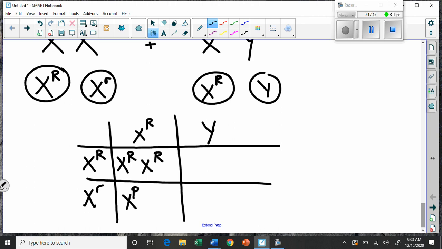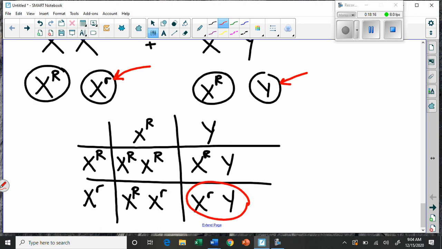We might get female carriers of the white-eye gene, and then we will get some normal males, but there is also a possibility right here of getting a white-eyed male. So even though none of the parents were white-eyed, and even though the male carried the dominant gene, it's this one of the females, which isn't matched by the Y chromosome right here, which gives us the condition of the male having the white eyes.